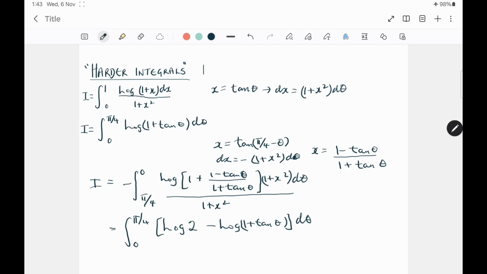So we've got two expressions for I, one over here, which I'll call 1, and one over here, which is called 2.